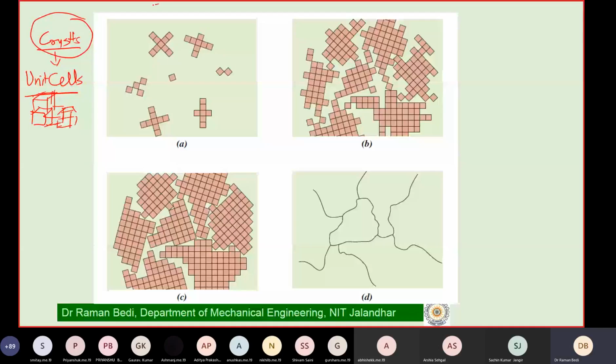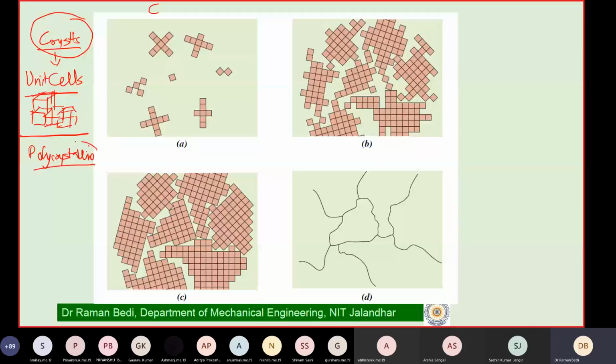When I talk about crystals here, our unit cell consideration was more about one unit cell, how the atoms are arranged in a single unit cell, and then we said that these unit cells put together start forming a crystal or a grain. Now, most of your engineering materials are what we call polycrystalline materials.